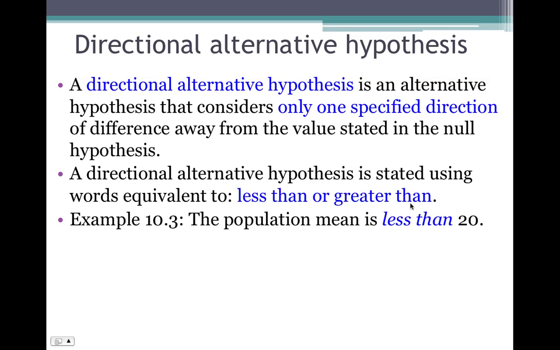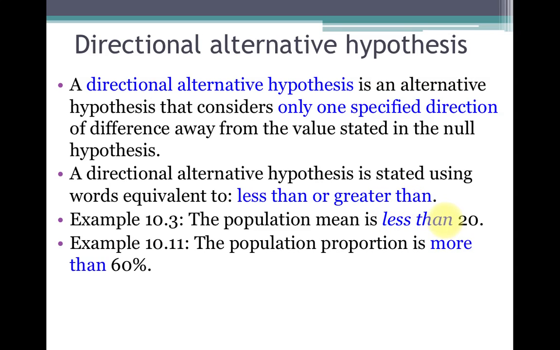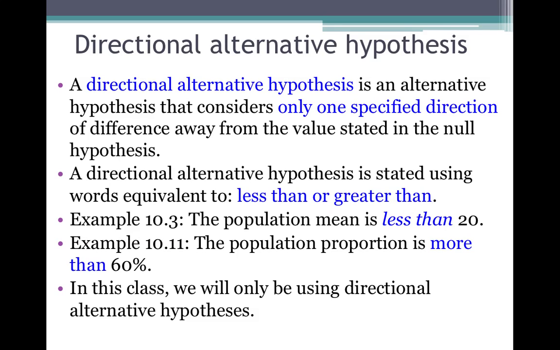So in example 10.3, the alternative hypothesis used the words less than 20. And in example 10.11, the population proportion is more than 60. The use of the words more than and less than, or greater than, since we could easily substitute greater than with more than, indicates that we have a directional alternative hypothesis.